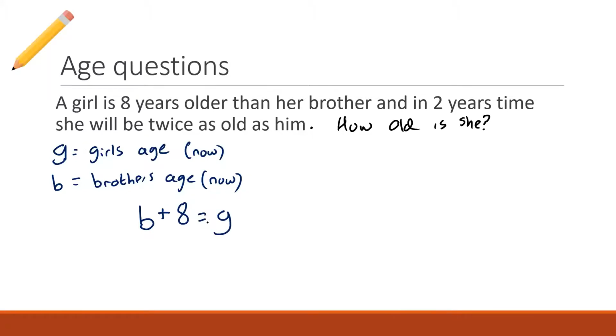And creating the equation is what people usually get wrong. I've seen many students write G plus 8 because 8 years older. The girl is 8 years older than the brother. And that's wrong. The reason that's wrong is because you've added the 8 to the wrong thing.